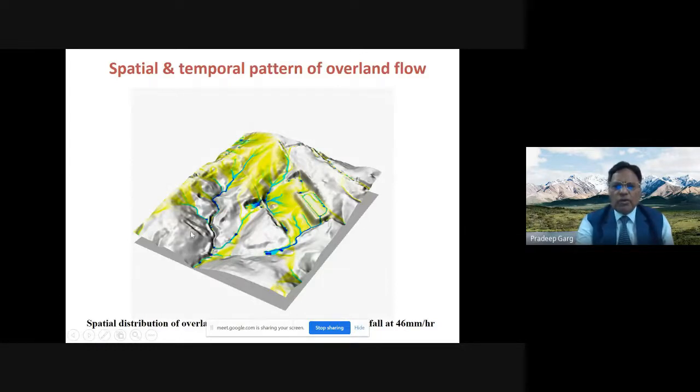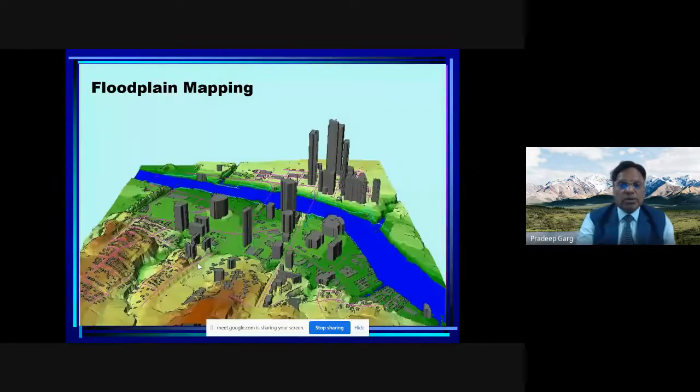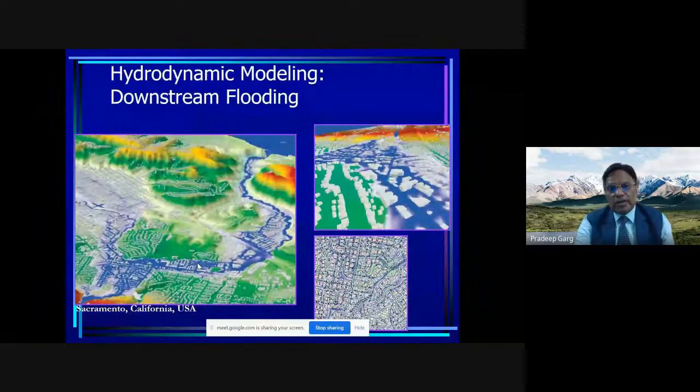So one will know that if there is a rainfall in the upper areas, in the hilly areas, in plain areas, how much time it will take to reach that particular place, so that some suitable warning could be given. So automated warning systems are being developed using this kind of technology.